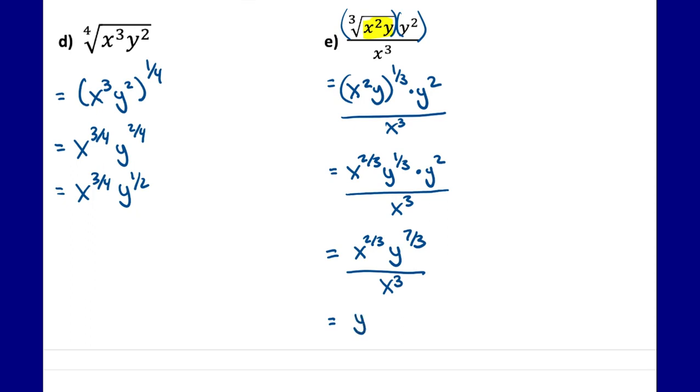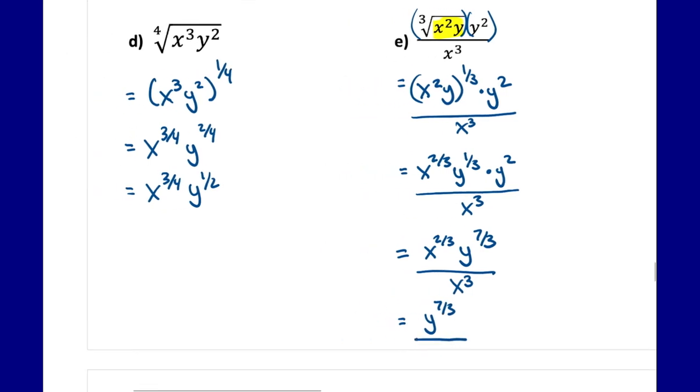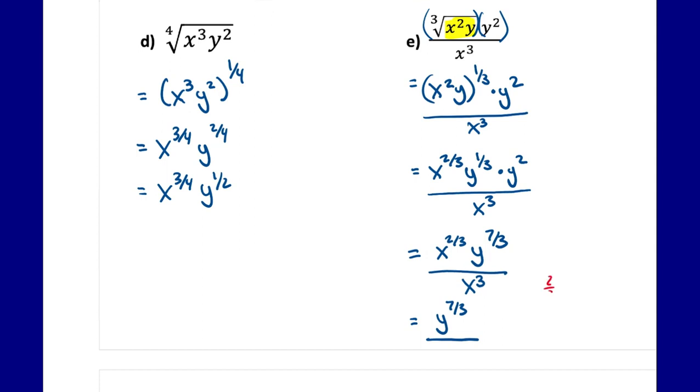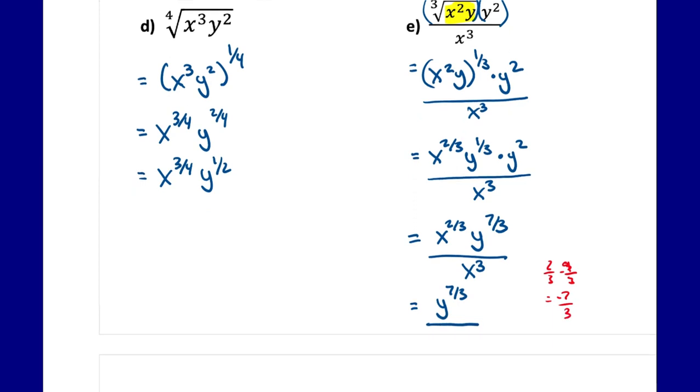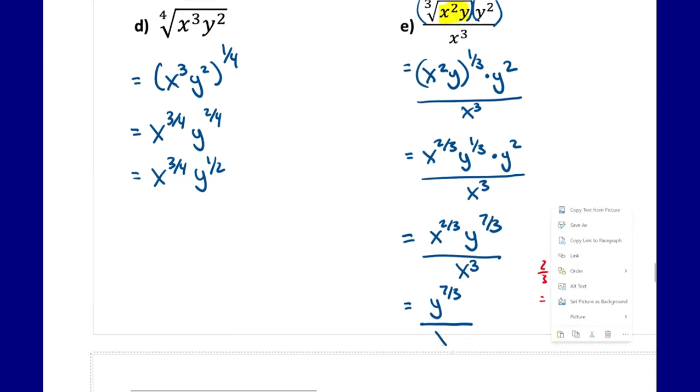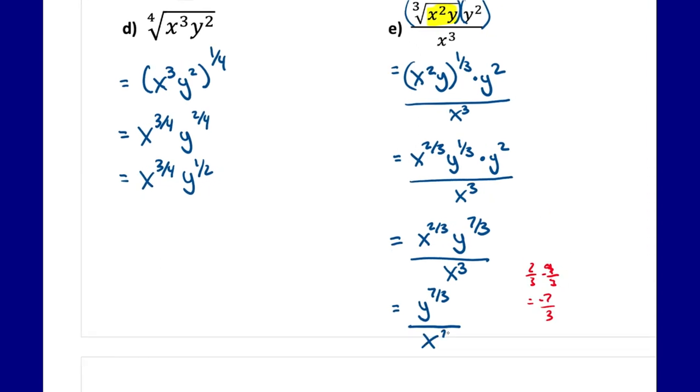I'm just going to do it off to the side: 2/3 minus 3 is 2/3 minus 9/3. So I get negative 7 over 3, or essentially on the bottom, there is x to the power of 7/3. And that is my simplified expression. The negative is telling us it needs to go on the bottom.